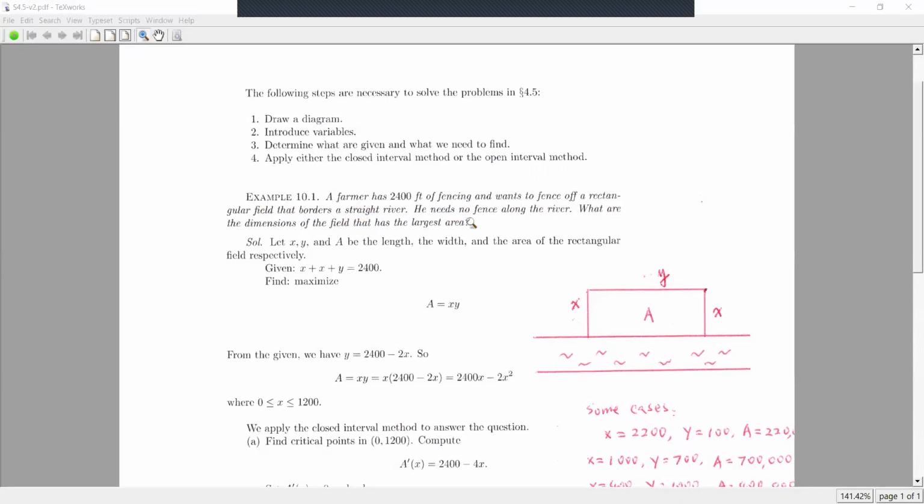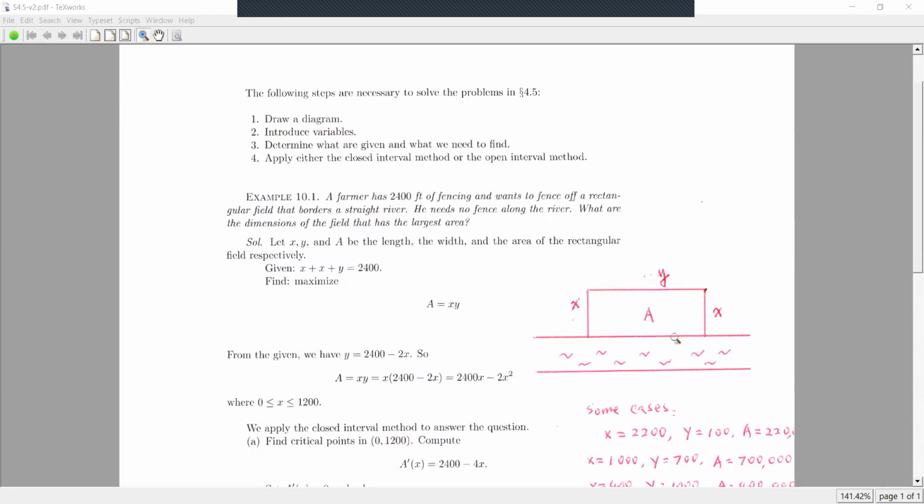He leaves no fence along the river, okay? Along the river, no fence. Now the question is, what are the dimensions? How to choose the width and the length of the field so that the field has the largest area.